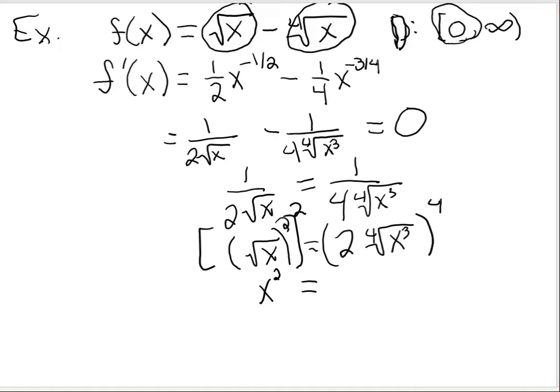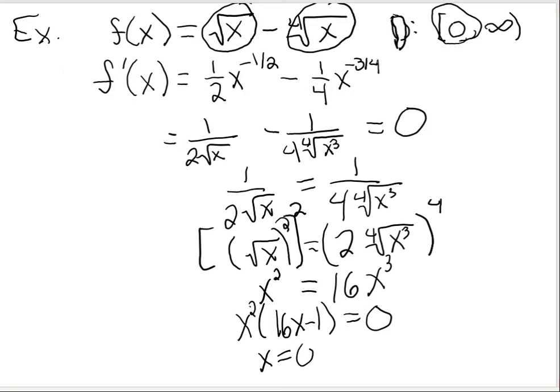And then equals 2 to the 4th. It's just going to be 16. And then fourth root and 4 cancel, giving you x cubed. So then x squared, and if you move the x squared to the other side and factor x squared out, you get 16x minus 1 equals 0. So x is either 0 or 1/16.